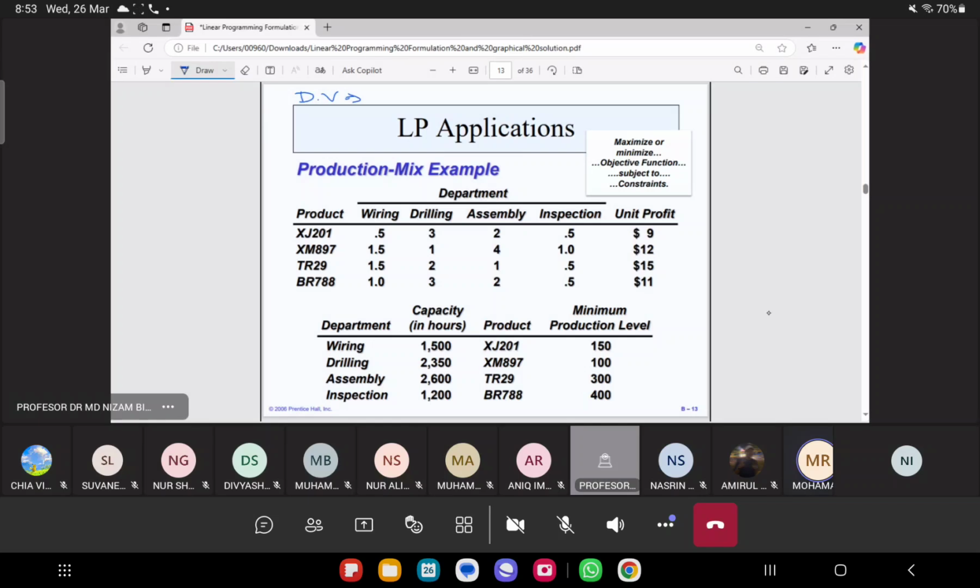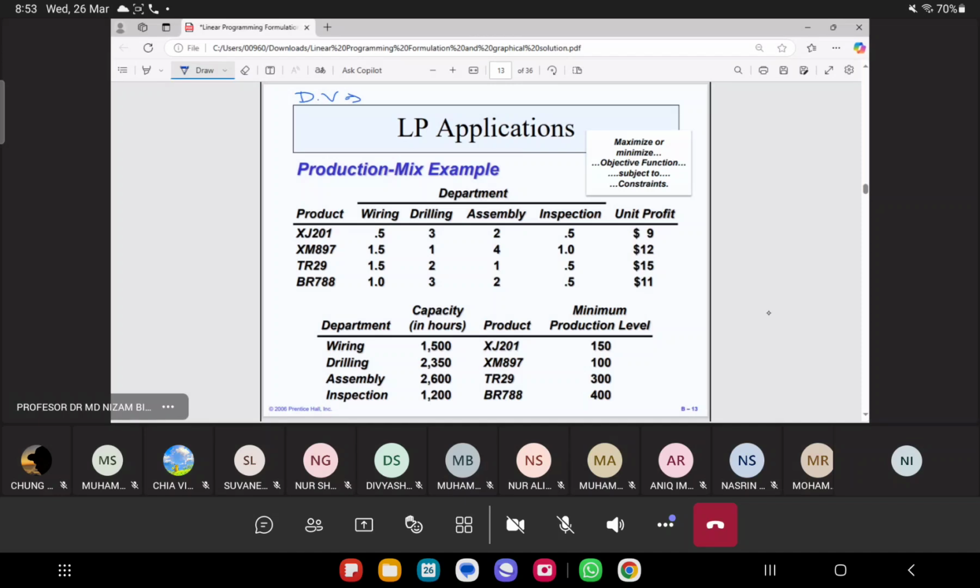Number of products to be produced. Correct. Number of products you produce. So the decision variable will be this. How many units of XJ201 you want to make? How many units of XM8 you want to make? How many units of TR you want to make? How many units of BR you want to make, right?